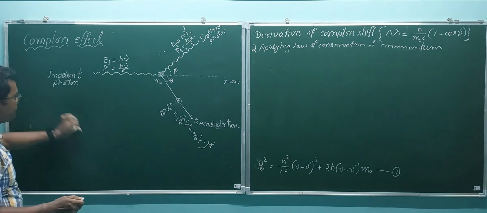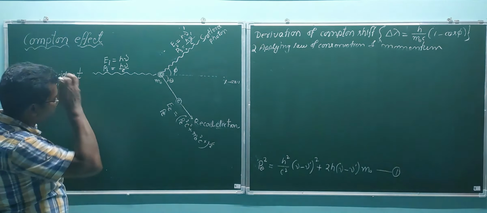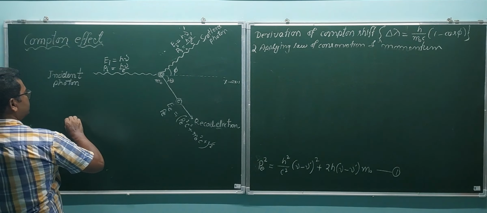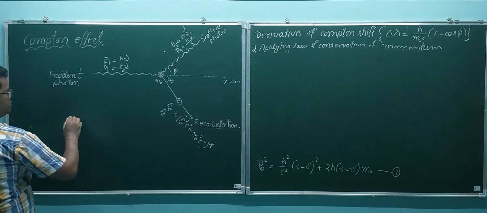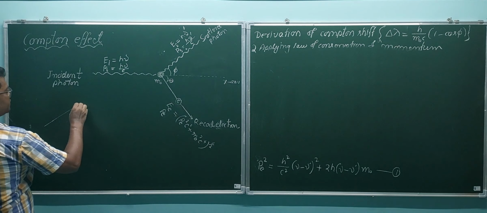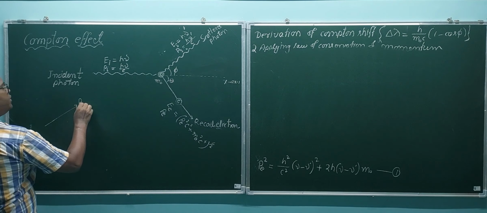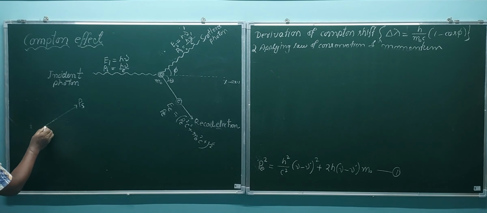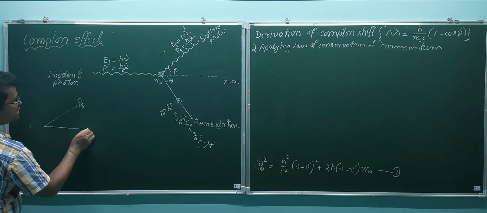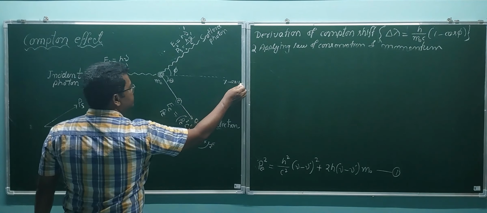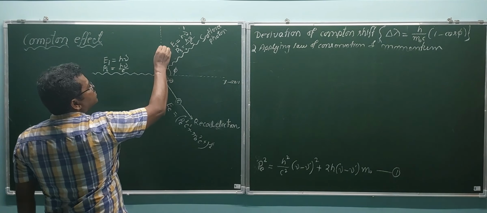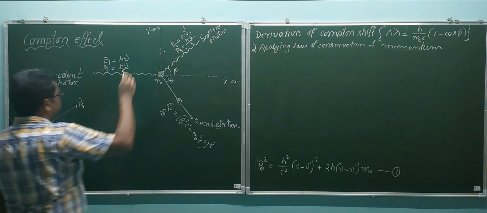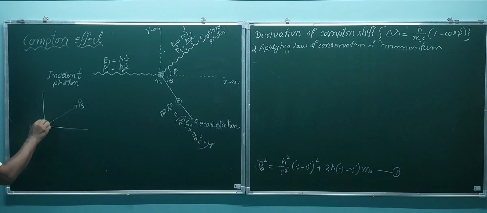For example, suppose this is our momentum of scattered photon, Ps. This can be resolved in the x direction, so this is our x direction and this is our y axis, the y direction.